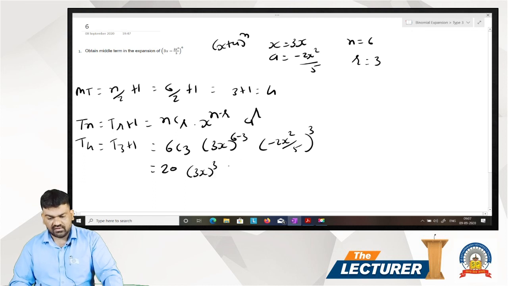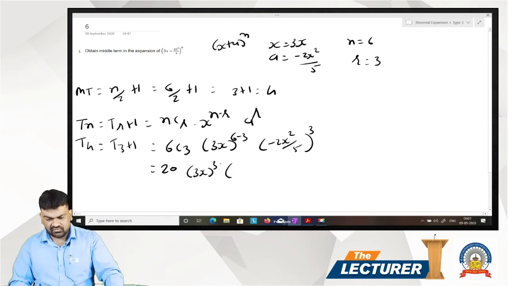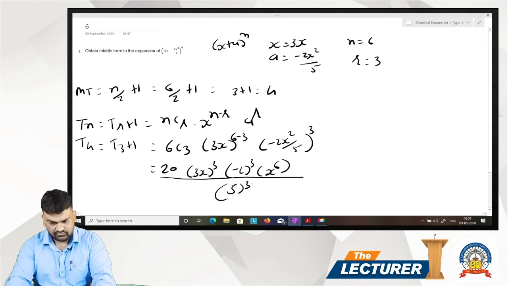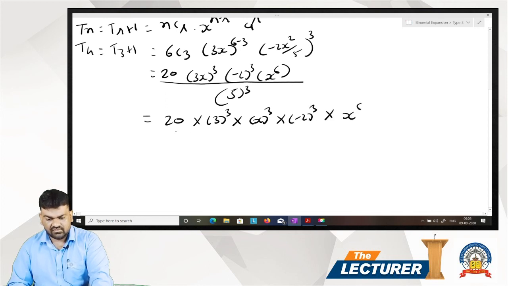3x raised to 3, minus 2x square, so minus 2 raised to 3, x raised to 6, divided by 5 raised to 3. 20, 3 cube, x cube, minus 2 raised to 3, x raised to 6, 5 raised to 3.